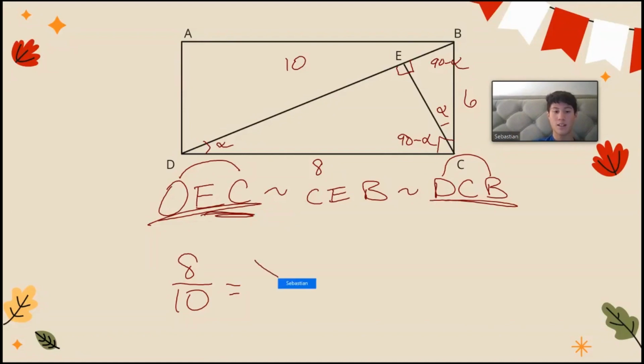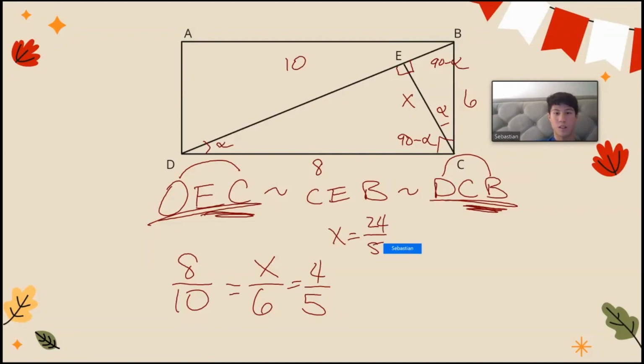We can call that X, so this would be X to CB, which would be 6. Solving for X and simplifying, we get X equals 24 over 5.